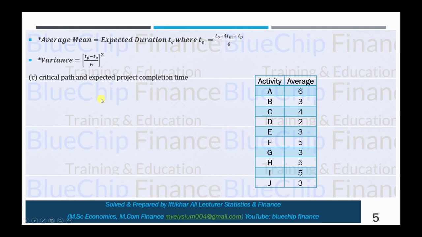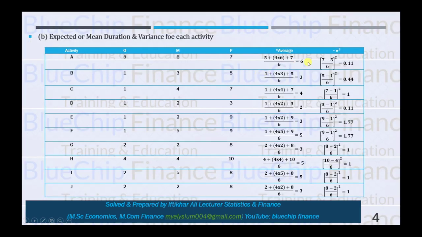So first of all, to calculate the critical path and expected project completion time, we have to note down the average time used for each activity. So here average times are calculated: 6, 3, 4, 2, 3, 5, 3, 5, 5, 3 against each activity.